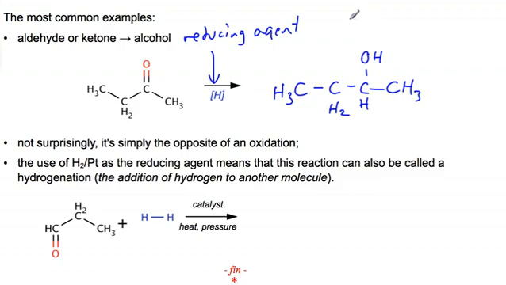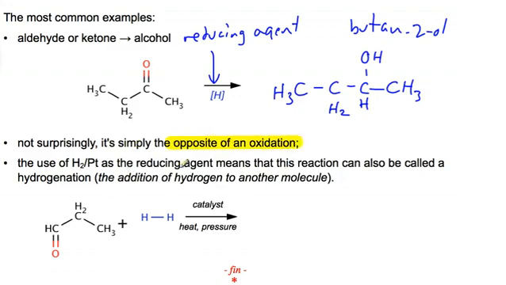So that's going to be butan-2-ol. So ketone reduced to a secondary alcohol. So obviously an aldehyde would be reduced to a primary alcohol. And so you can really look at it as the opposite of oxidation.